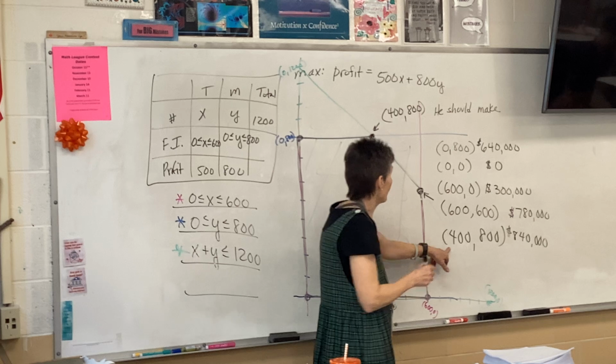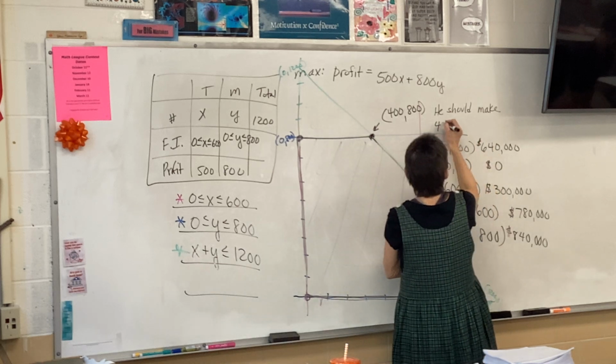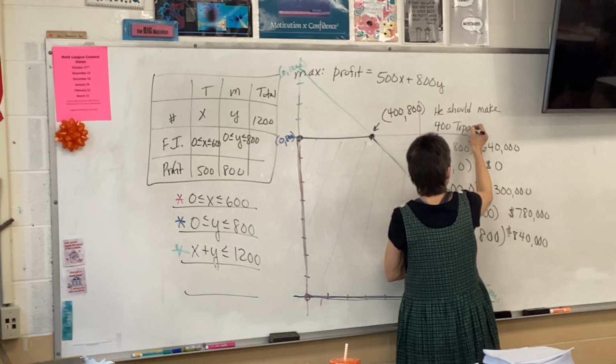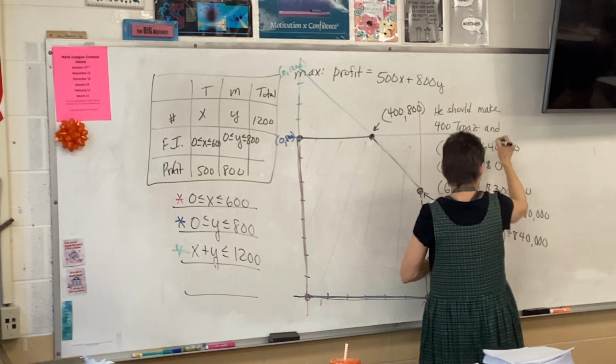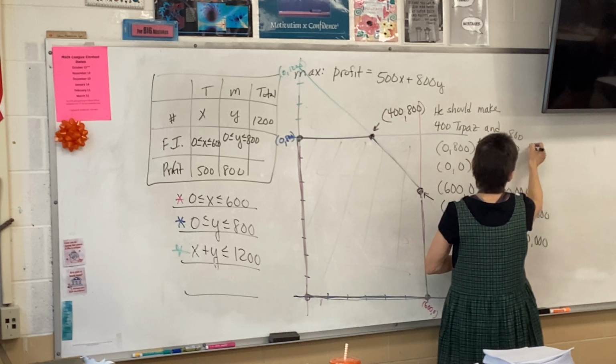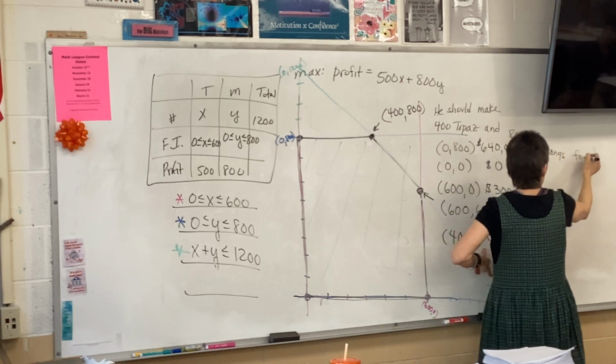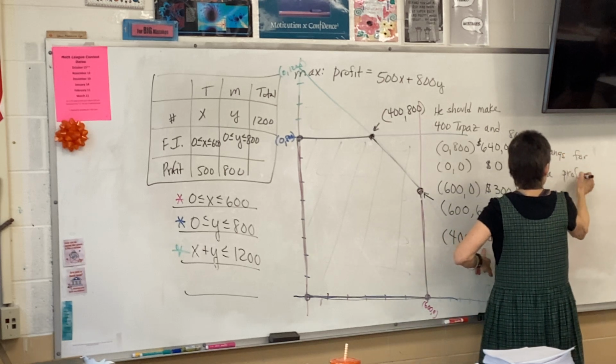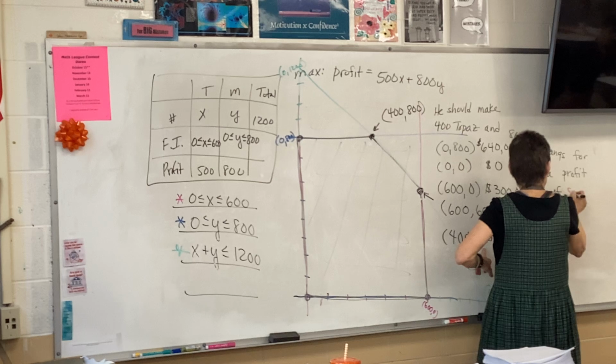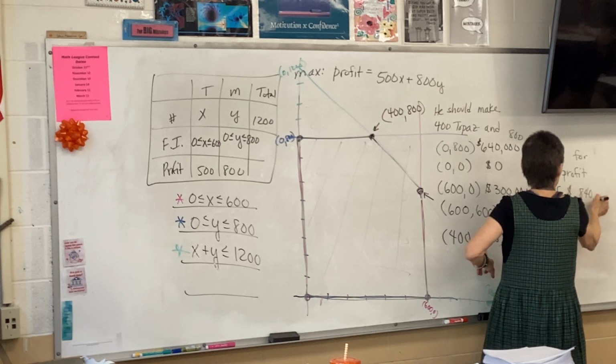So he should make 400 Topaz and 800 Mustangs for a profit of $840,000.